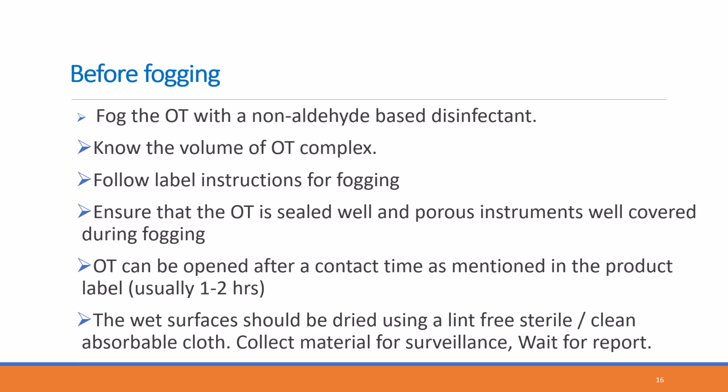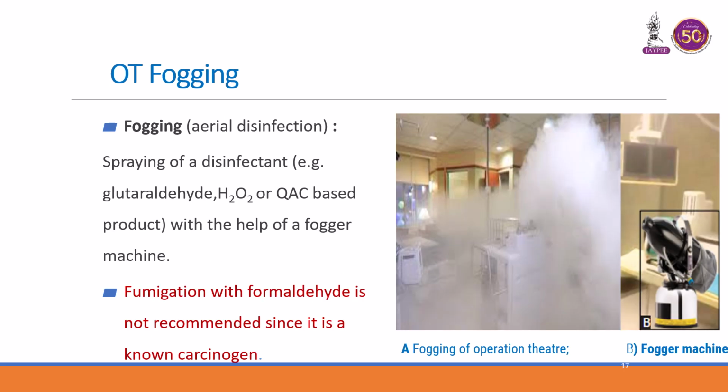The OT can be opened after a contact time as mentioned in the product label, usually 1 to 2 hours. The wet surfaces should be dried using a lint-free, sterile or clean absorbent cloth. Collect material for surveillance and wait for the report.